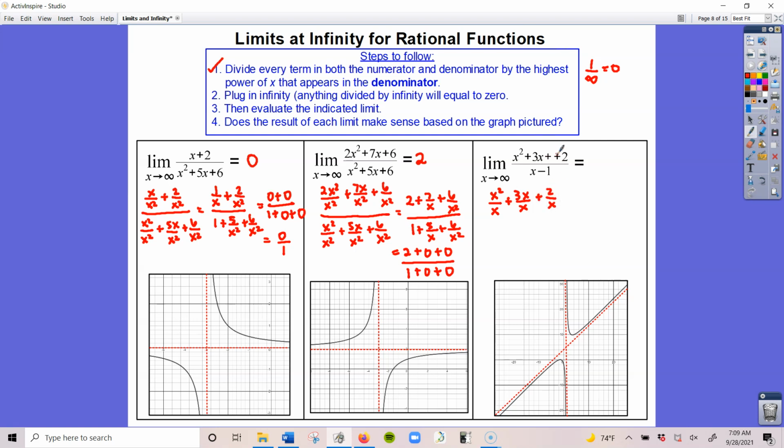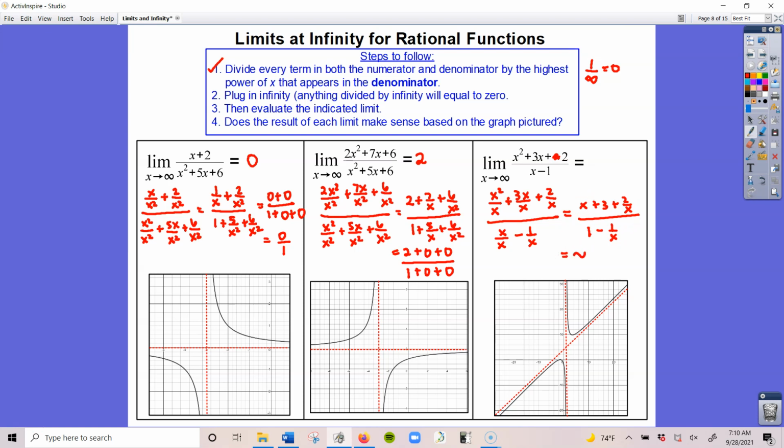I don't know why there's an extra positive. So now let's simplify. x squared over x is x plus 3 plus 2 over x, over 1 minus 1 over x. Now we're going to plug in infinity.